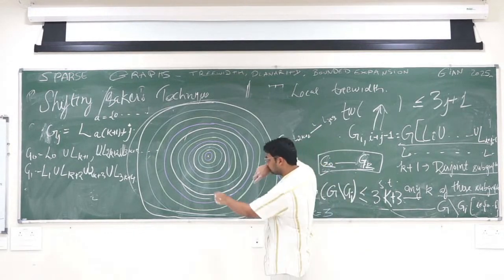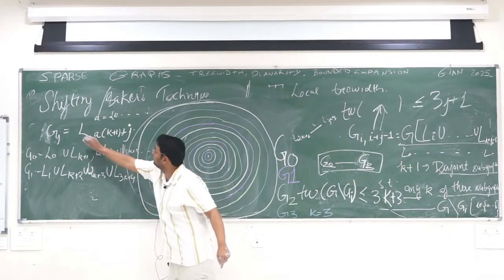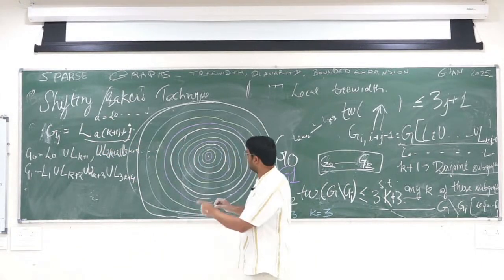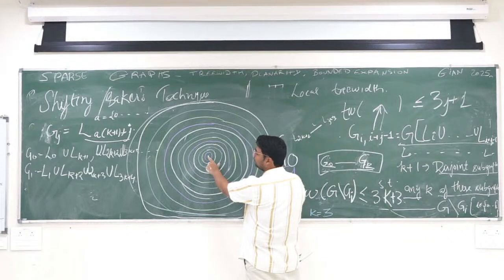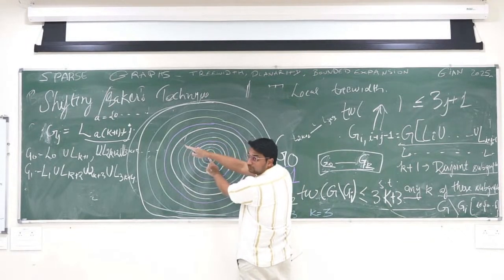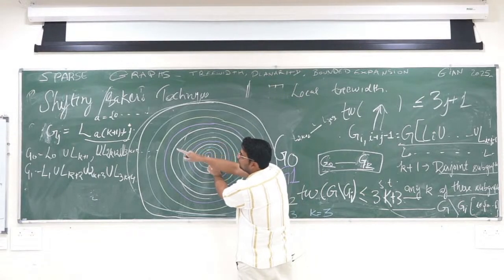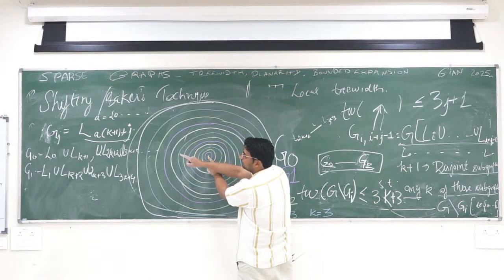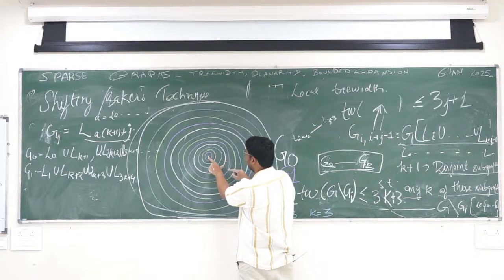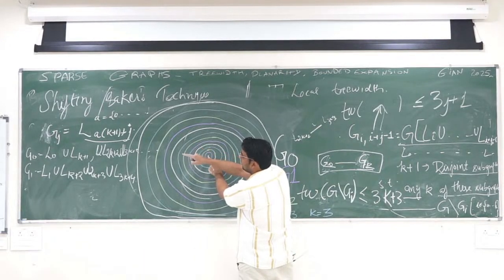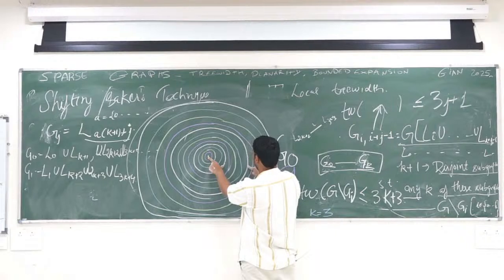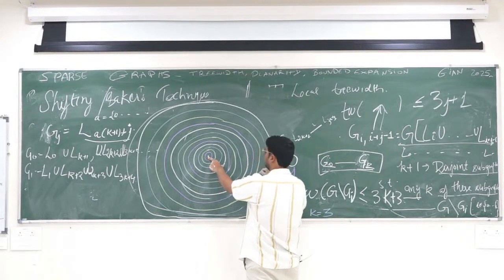Now, look at this formula also. My 0 times 4 plus 0. 1 times 4 plus 1, 5. 2 times 4 plus 1, 9. And 3 times 4 plus 1, 13.